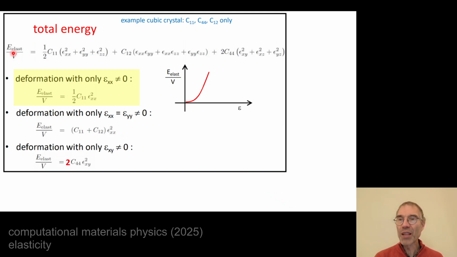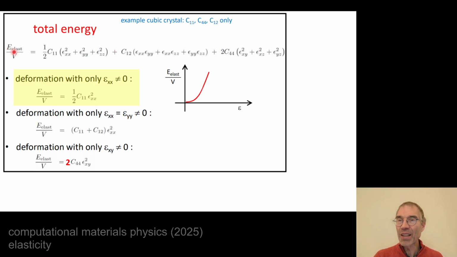So the general expression for the elastic energy density, which we can calculate by DFT because we calculate the total energy. We have the volume. If you make this ratio before deformation and after deformation, well, the difference is the elastic energy, the difference between the new energy and the old energy.